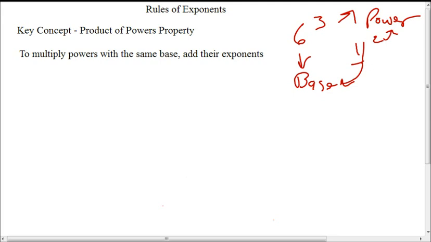So you just have to make sure that you are able to distinguish, even if we had both 6 cubed y squared, that we can't literally multiply these by themselves the way they are, but we still have a base of 6 and a base of y with 3 and 2 as powers. So let's go ahead and use the product of power property and take a look at one example.